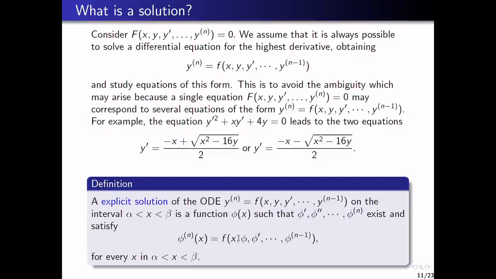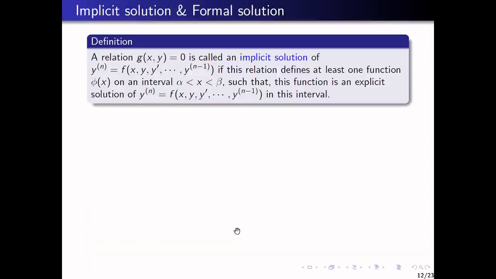Now, it may not always be possible to get an explicit solution on solving a differential equation immediately. What we may get is what is called an implicit solution. So what is the implicit solution? It is a relation g of x comma y is equal to 0, where g is a function of x and y.